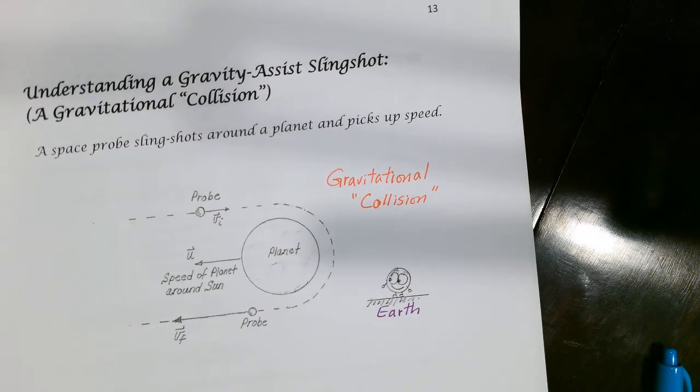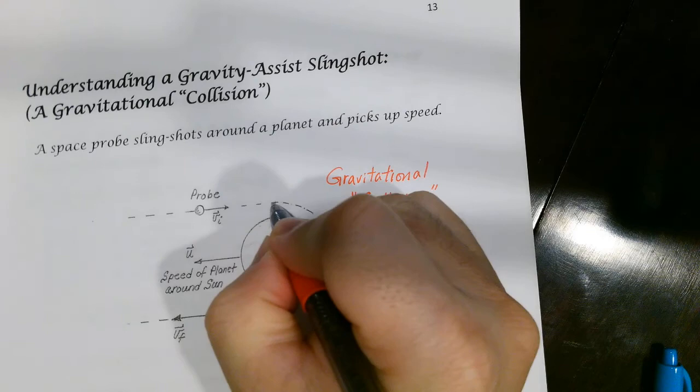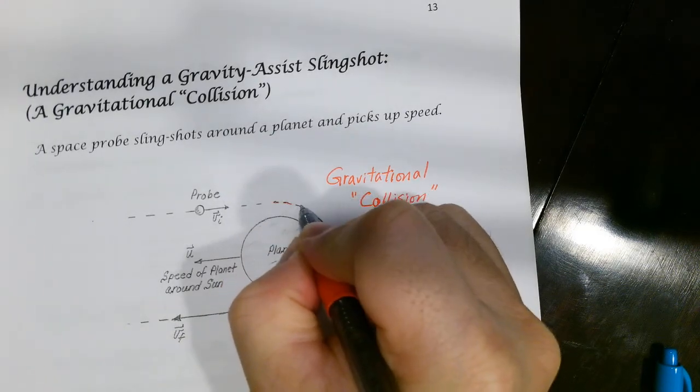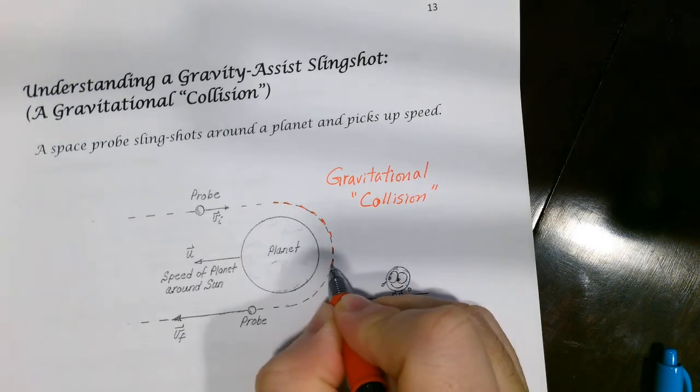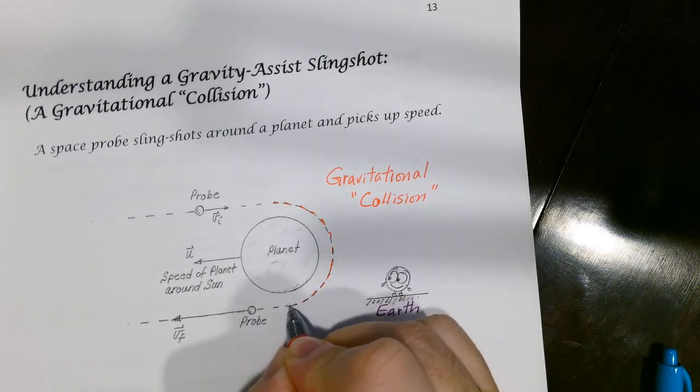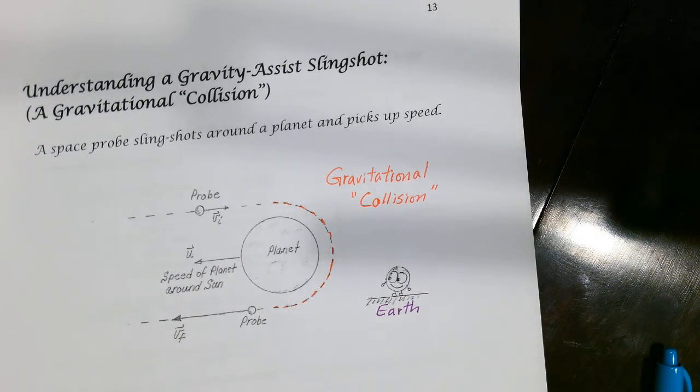So what happens? It's captured and then follows this orbital path around the planet and comes out the other way.